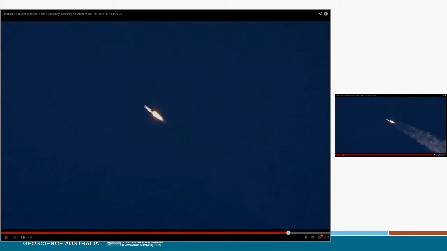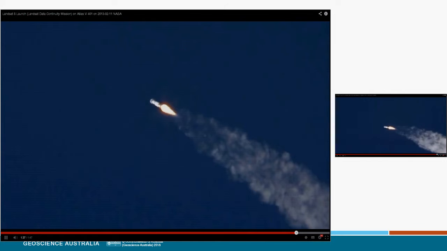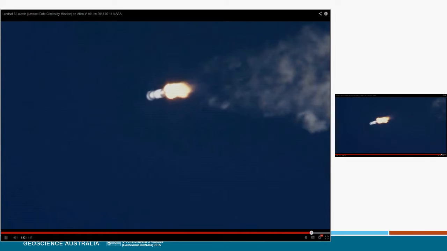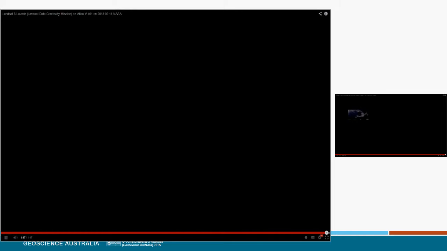There it goes. The flame starts to widen out as the air at that altitude starts to thin out. And so that's the satellite being launched up into orbit.